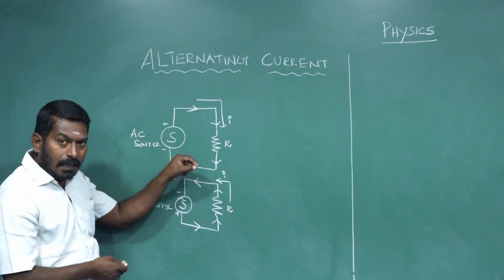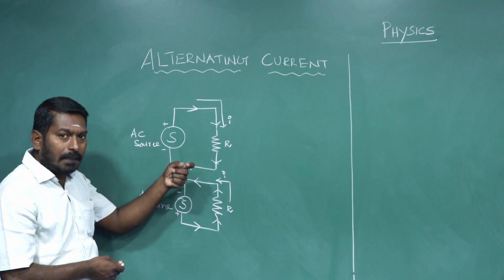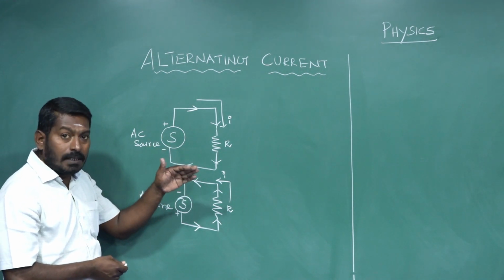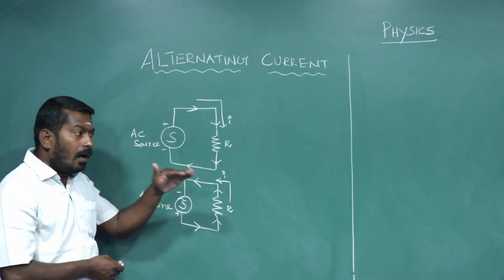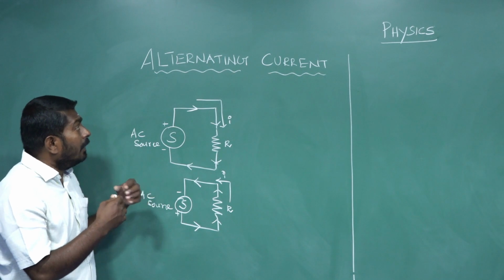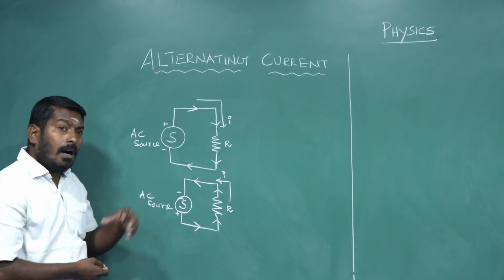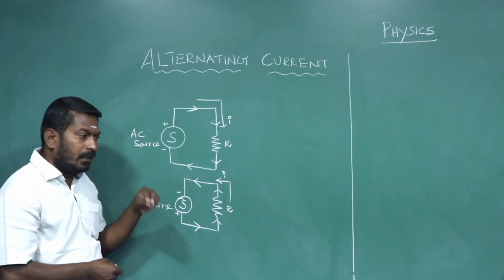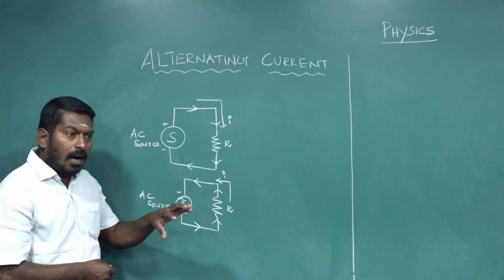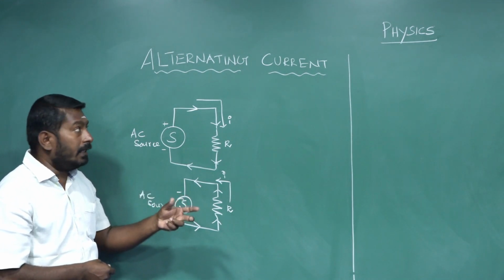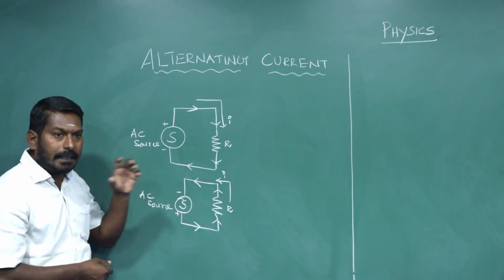The magnitude of alternating current varies at every instant, and its direction changes at every half cycle. This is the way we can express alternating current or alternating voltage. Alternating voltage is a voltage which changes polarity after a regular interval of time, and current also changes accordingly.